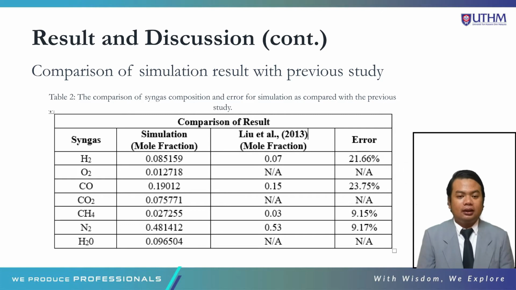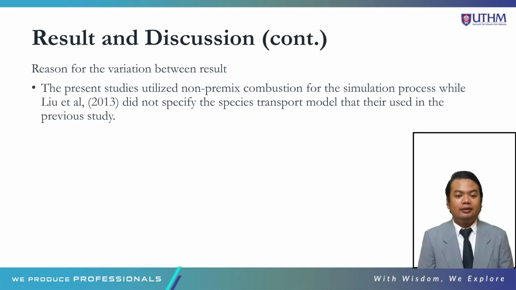The comparison data with the previous study carried out by Liu et al. reveal a good agreement with the present study, which shows the error did not exceed 25% for every species of syngas produced. The deviation of value between both results is caused by the different types of species model used in the simulation process.